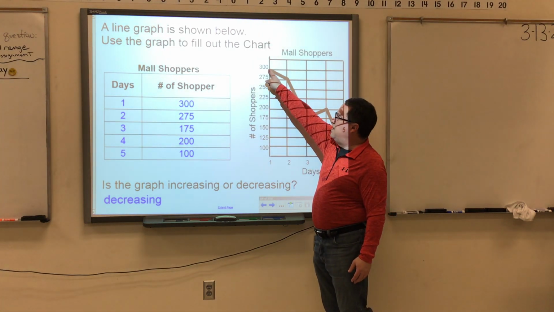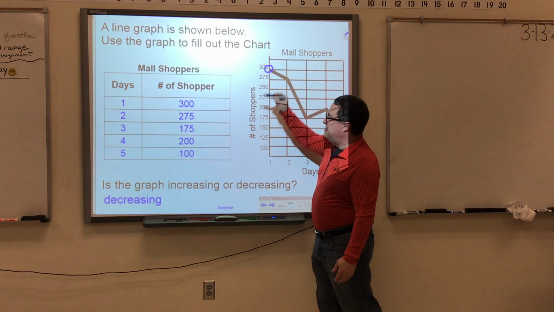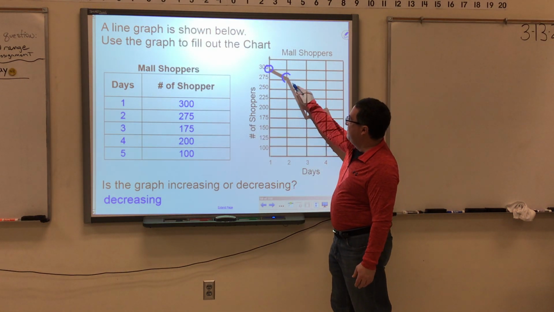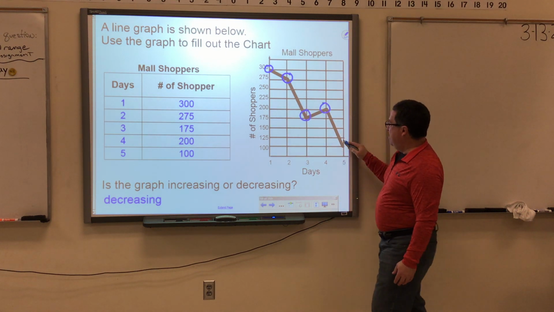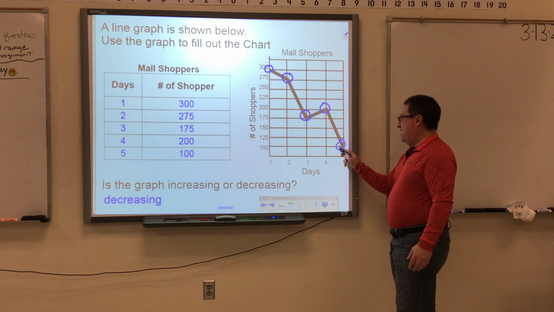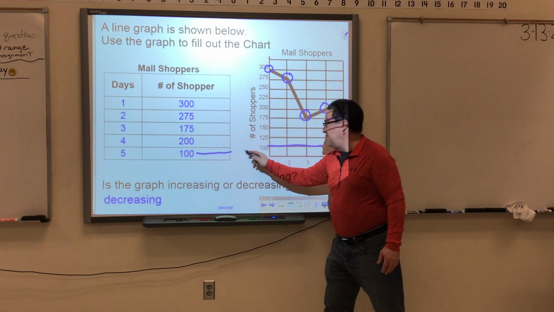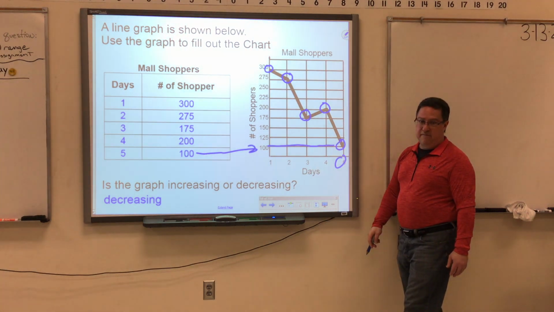So when I look at my first day, I'm going to circle where that is. That's at 300. Here's my second day. Here's my third day, my fourth day, and my fifth day. I have to go across to my y-axis to get the number of shoppers on day 5.